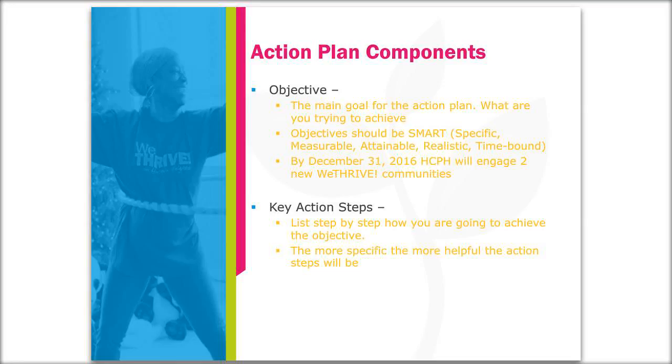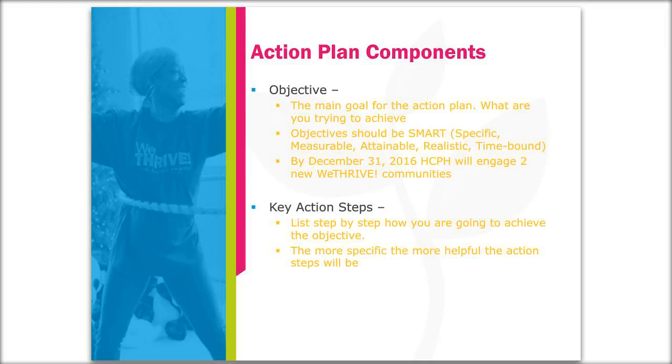So after you've identified your objective, you're going to identify your key action steps. And as you think about your key action steps, you're going to list out step by step how you are going to achieve that objective. The more specific the action steps are, the more helpful they will be.